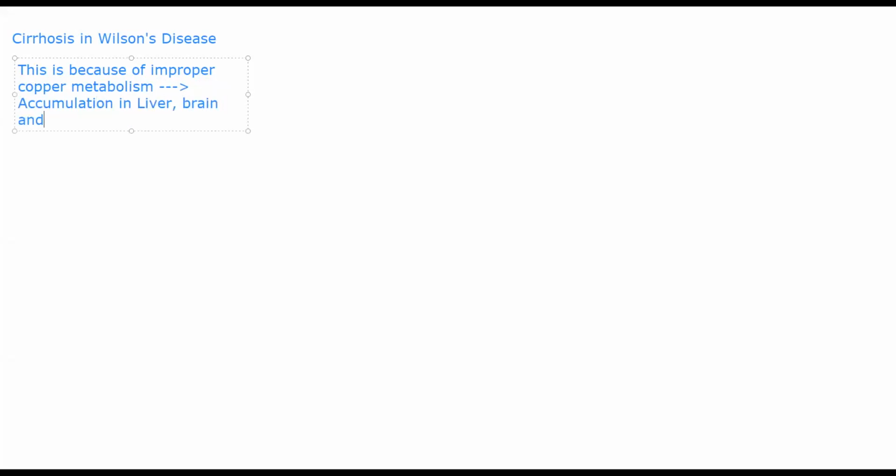Now, etiologically, or when we talk about the cause, I'll just write here: Wilson's disease. This is because of improper copper metabolism, leading to accumulation in liver, brain and eye.